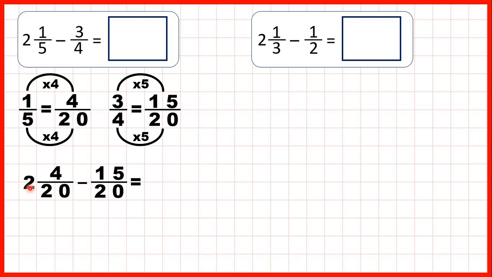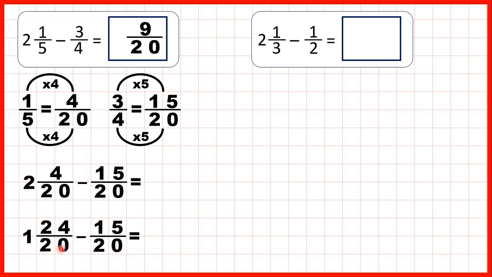So 1 less than 2 is 1, and that means we get 20 more 20ths, so we can add the denominator to the numerator, and 20 plus 4 is 24. So 1 24/20 is the same as 2 4/20, but now we can subtract those 15/20.